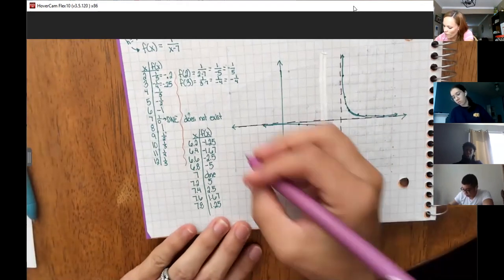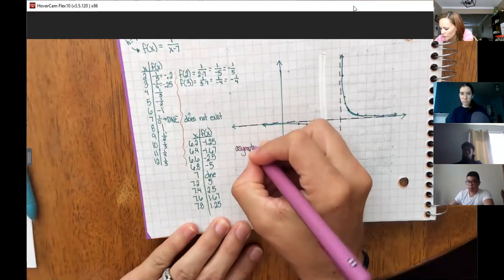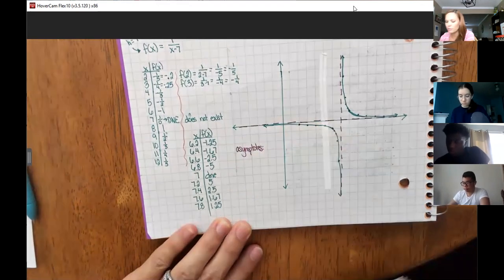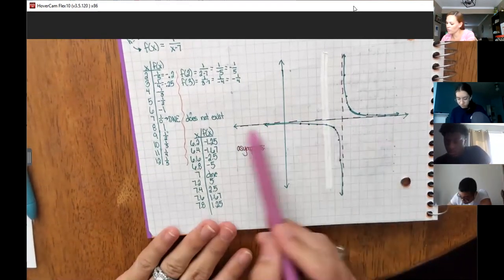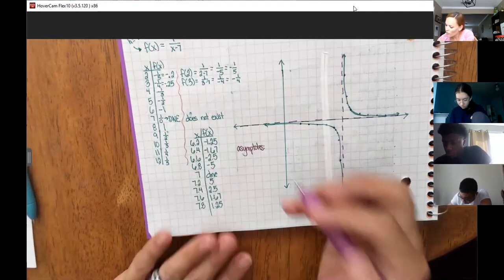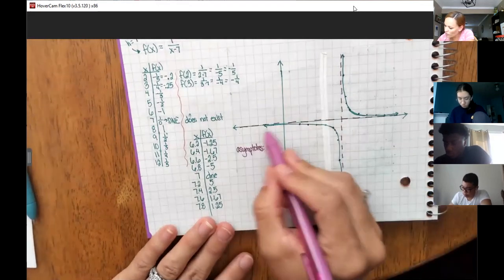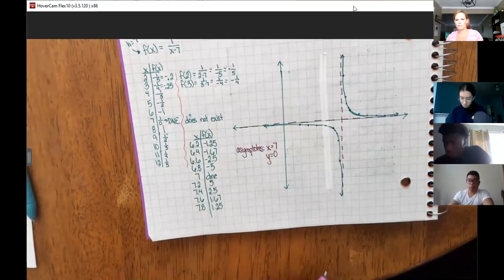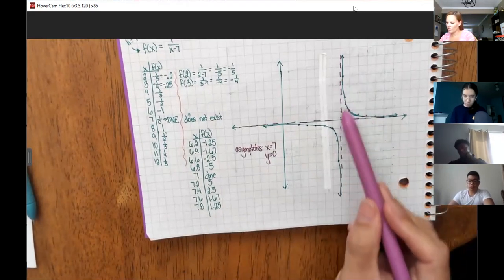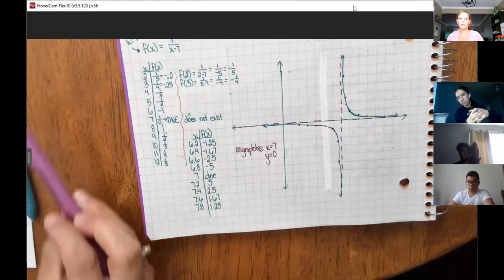So if we remember, those are what we call asymptotes. So this graph has 2 asymptotes. It has a horizontal asymptote and a vertical asymptote. The vertical asymptote is at x equals 7, and the horizontal one is at y equals 0. So if x is 7, it's not allowed to happen. And also y is not allowed to be 0.